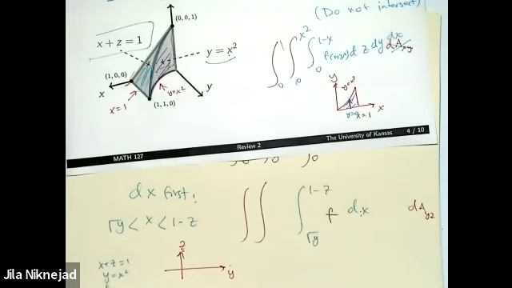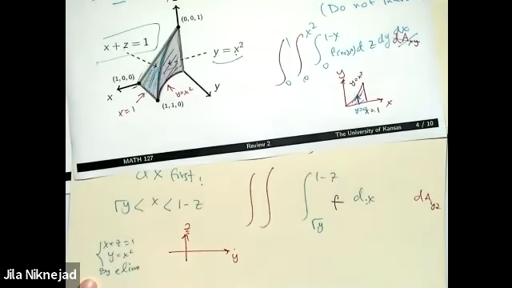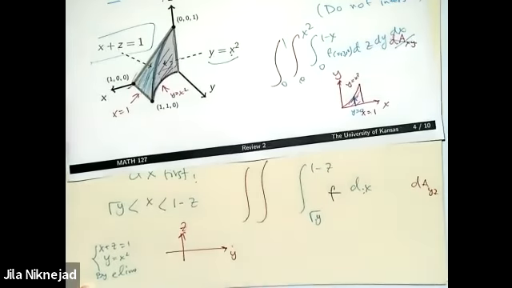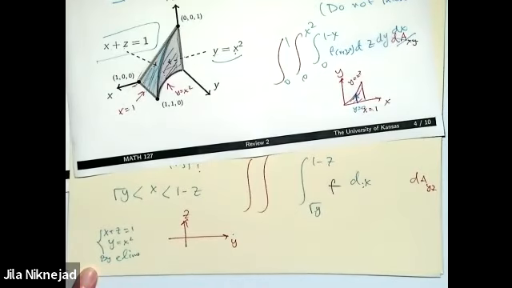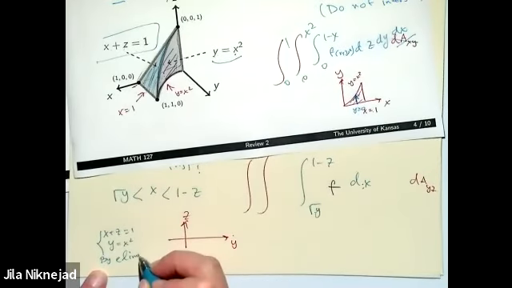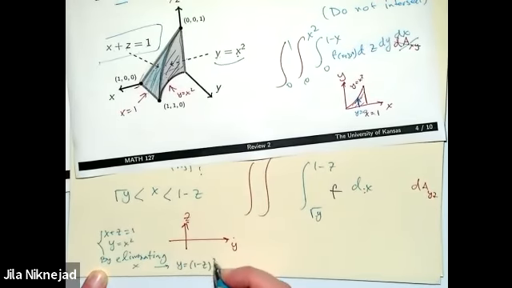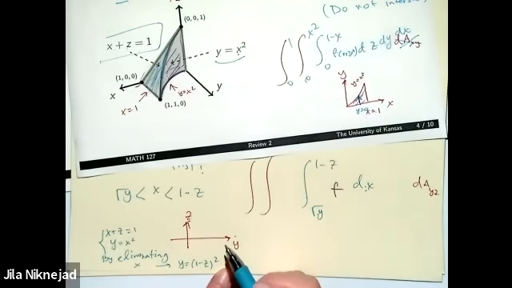By eliminating x, x equal to 1 minus z, so y is equal to 1 minus z to the power 2.